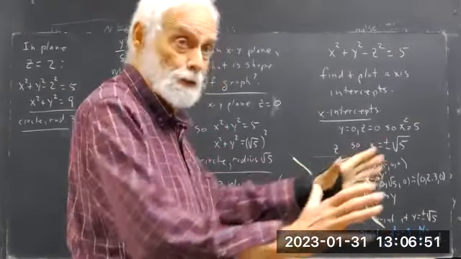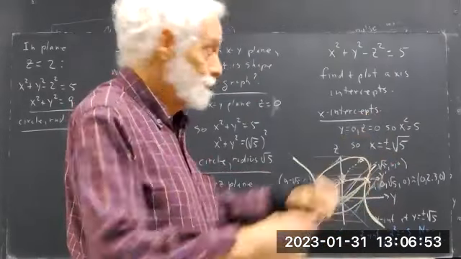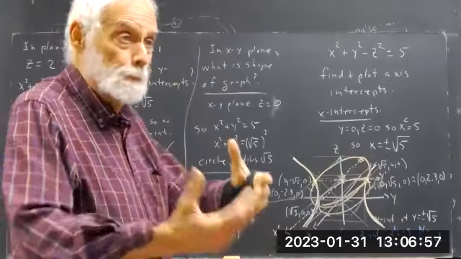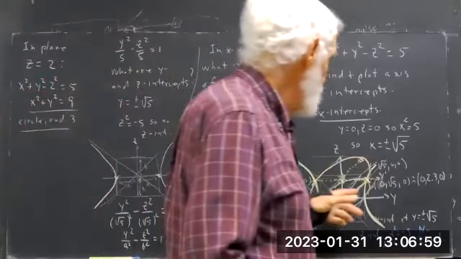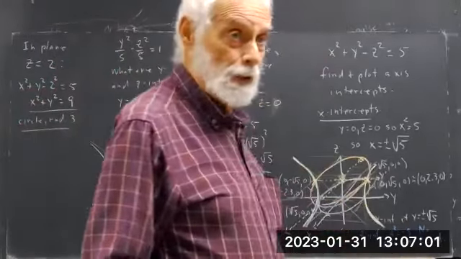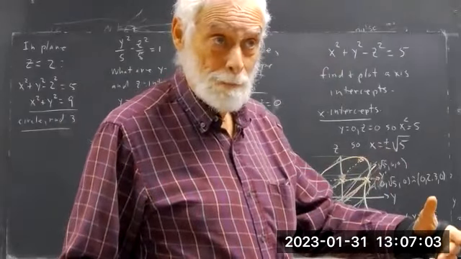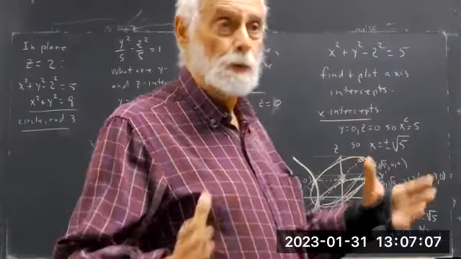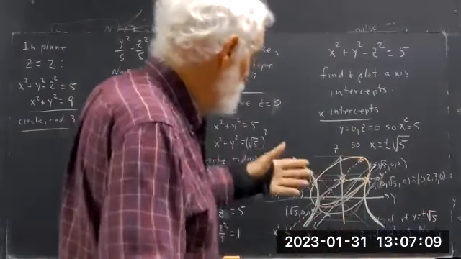It's going to look kind of like this. On this side, it's going to be kind of like this. You begin to get the picture from this analysis. You look at different planes, you slice this in different ways until you get a picture of what it looks like.